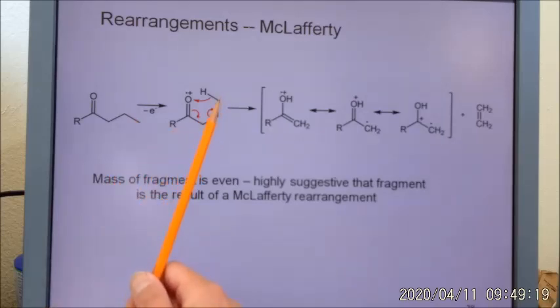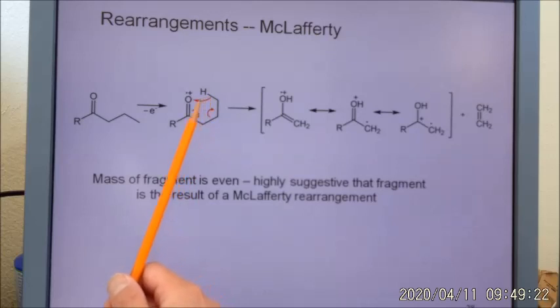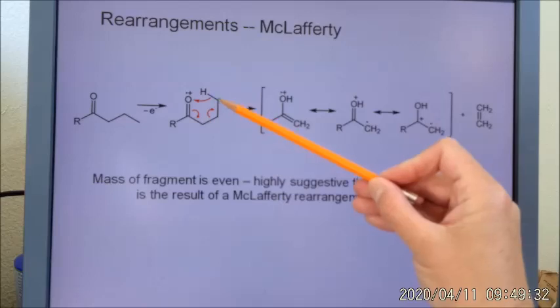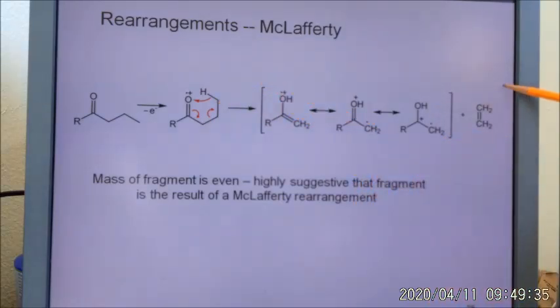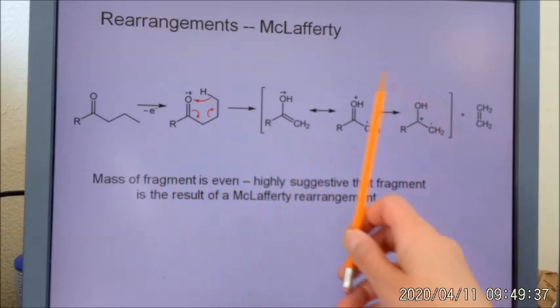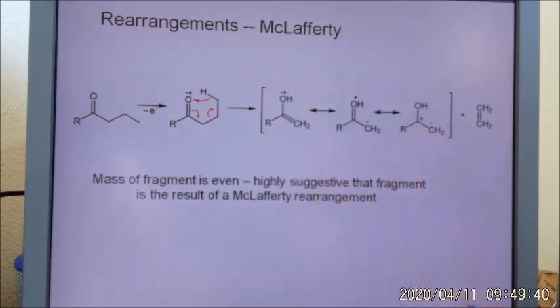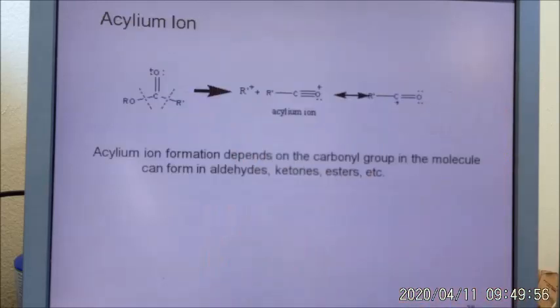This hydrogen moves to this oxygen, moves down to form a double bond here, and this breaks and forms a double bond. If I had a longer chain like an R group here, then I'd have the R group here. So this is your cation that you'll see on your mass spec as your mass to charge ratio. What you'll have lost is an alkene fragment, ethylene or larger, based on the McLafferty.